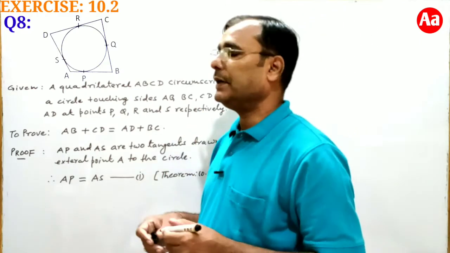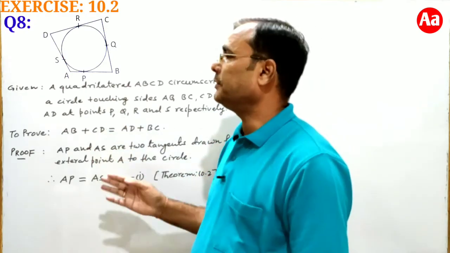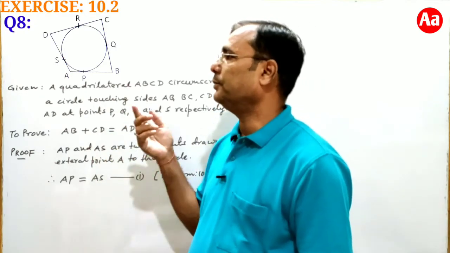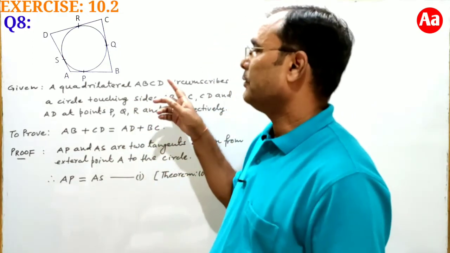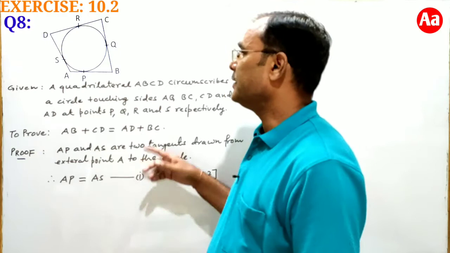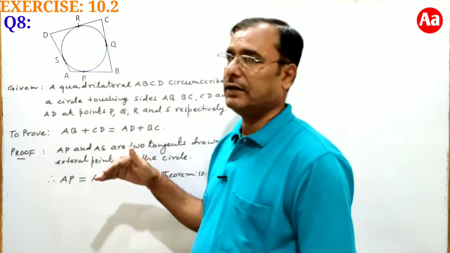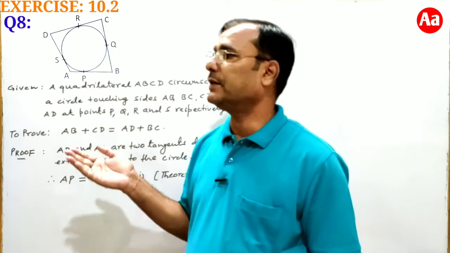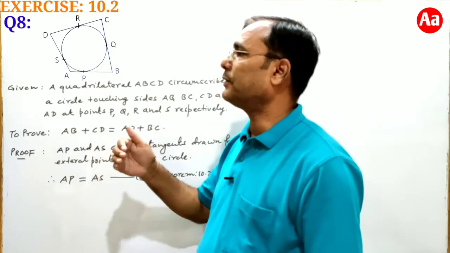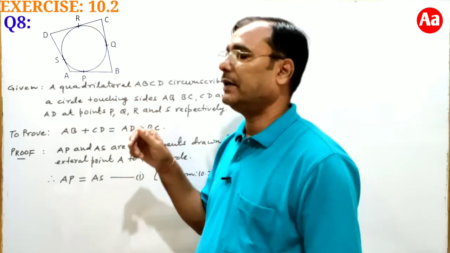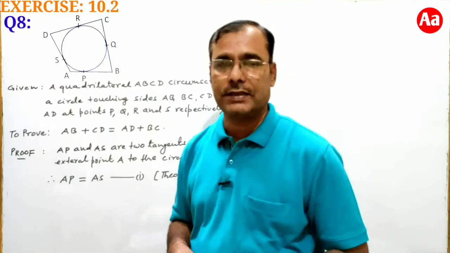Similarly, BP and BQ are two tangents drawn from external point B to the circle, so BP will be equal to BQ. And from point C, CQ and CR are two tangents to the circle drawn from an external point, so CQ is equal to CR, and similarly from point D, DR and DS are two equal tangents drawn to the circle.